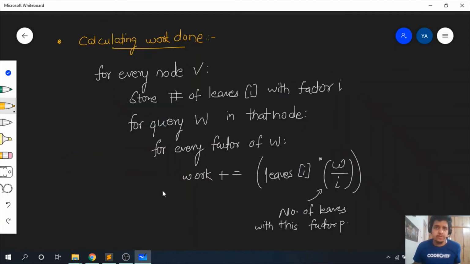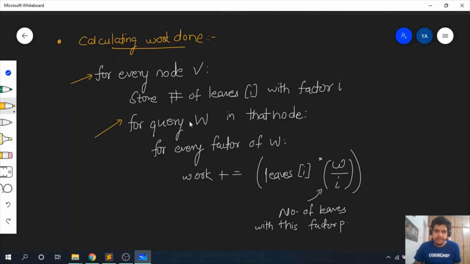Now, moving towards calculating the work done, for every node v we can store the number of leaves with factor I, which we saw in the first part of our solution. We go upwards from the product and see what is the factor for each leaf. Now we have stored the queries for every node.